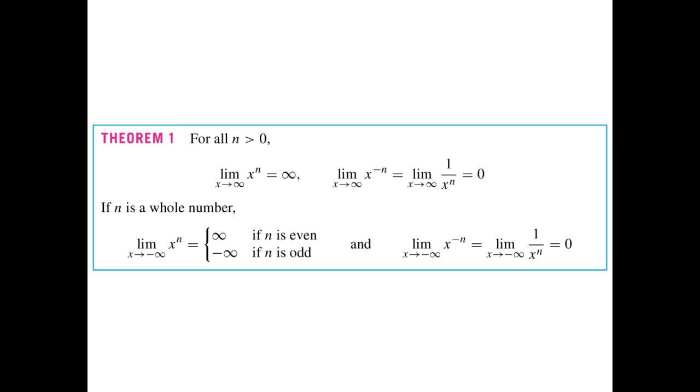It may be approaching 0 from the minus side rather than the plus side, but it's fine. But actually, if n is even again, this would be approaching 0 from the positive side, and if odd is approaching 0 from the negative side. But it doesn't matter. They are approaching 0. Okay? For very large numbers raised to any power. Okay? But the number is allowed to get larger and larger and larger. Okay.